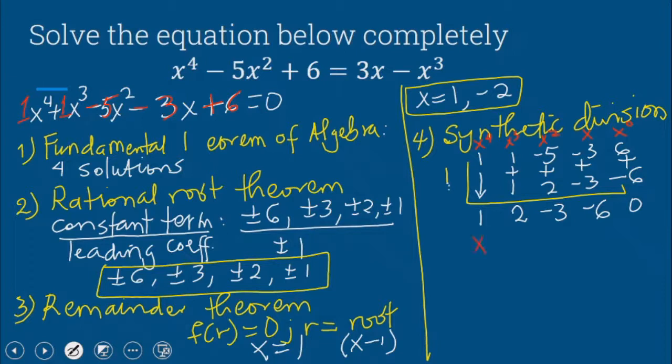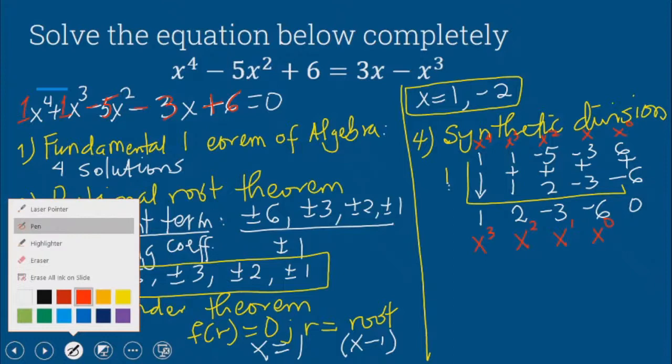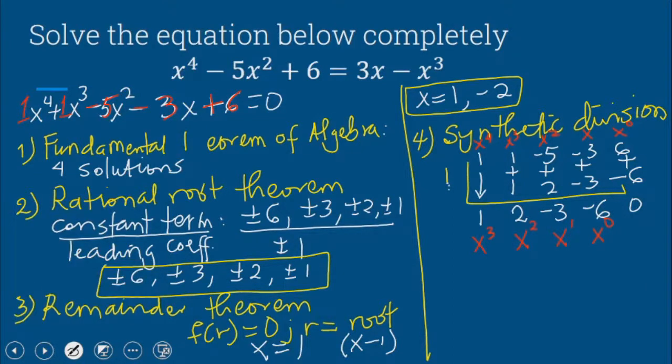So this will become x raised to the power of 3, x raised to the power of 2, x raised to the power of 1, and then the constant term, x raised to the power of 0. Okay, so the solution after we've performed this synthetic division will be x raised to the power of 3 plus 2x squared minus 3x minus 6.